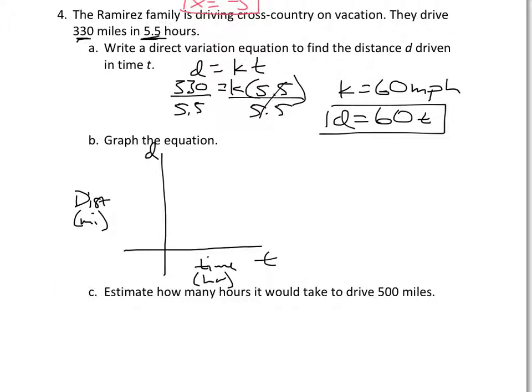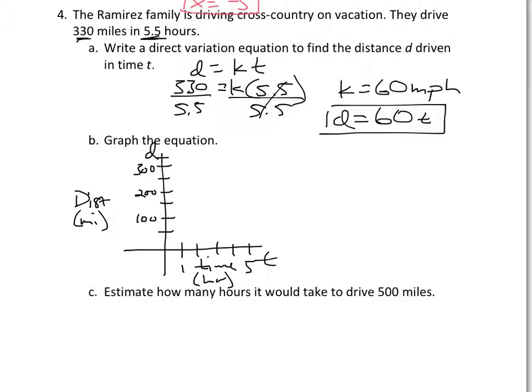So for this one, let's just put 1, 2, 3, 4, 5. It gets us up to 5. Alright, we're counting by ones. And the second one, let's count by like 50s. 50, 100, 150, 200, 250, 300, 350. Okay? I'll just put some of the numbers in here so we know what we're counting from.